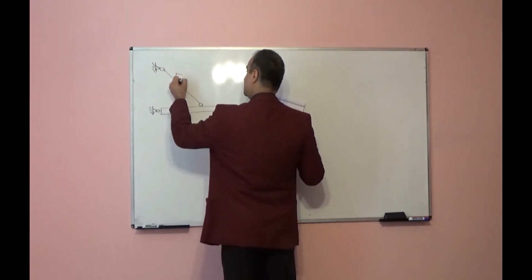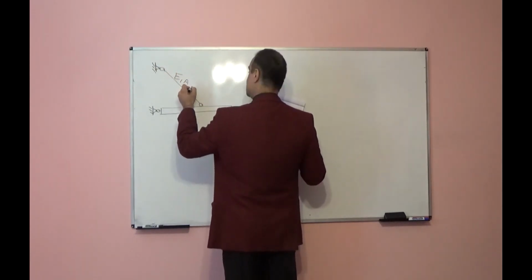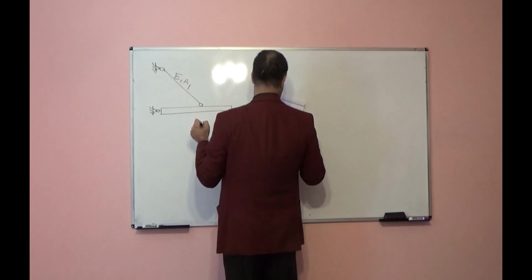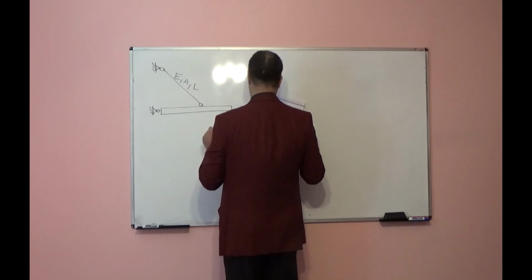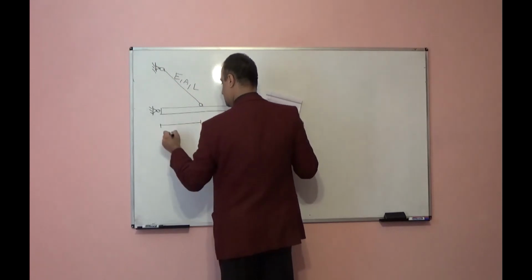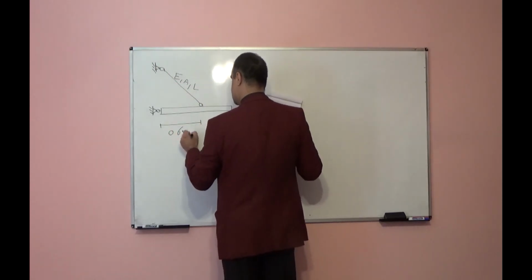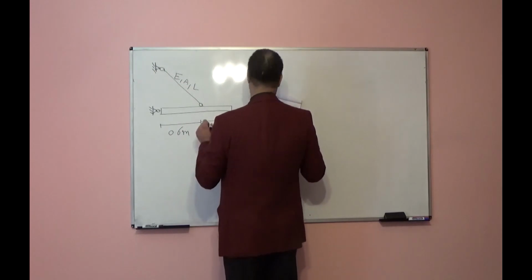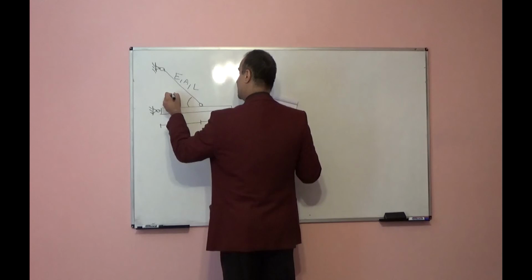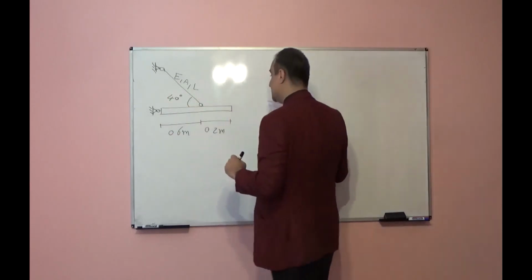This is E, A, and the length for this you can find, assume it is L. From here to here it is 0.6 meter. From here to here it is 0.2 meter. This is angle theta, for example, 40 degrees.